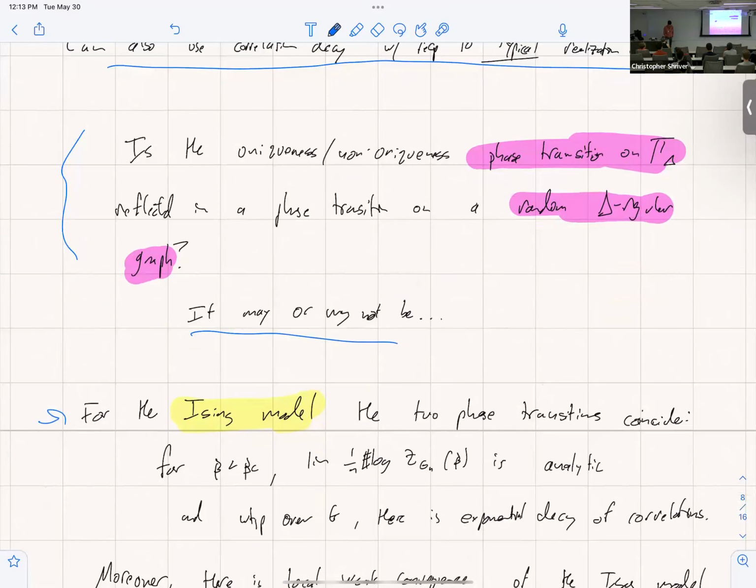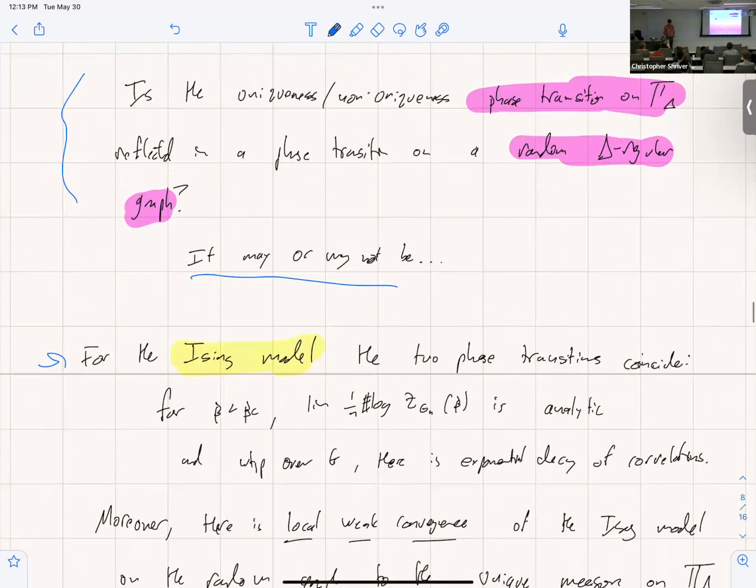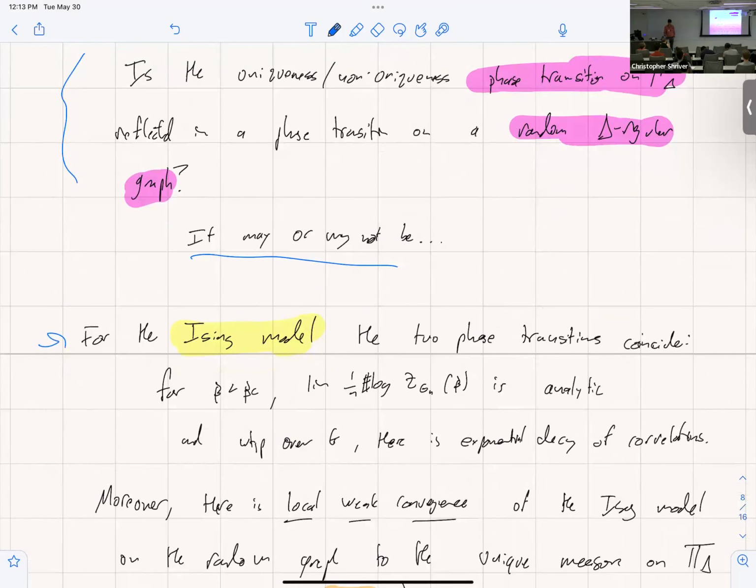So for the Ising model, that's the first place to start. These two phase transitions do coincide, exactly at this beta critical for the Ising model, uniqueness, non-uniqueness on the tree. Below beta critical, you have analyticity of this random graph free energy, and you have exponential decay of correlations.